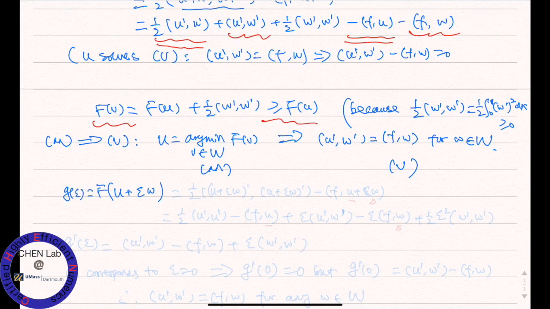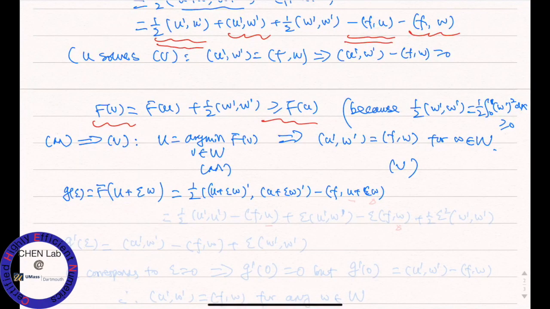So we define g(epsilon). By definition of f, we know that's 1/2 (u plus epsilon w', u plus epsilon w') minus (f, u plus epsilon w).